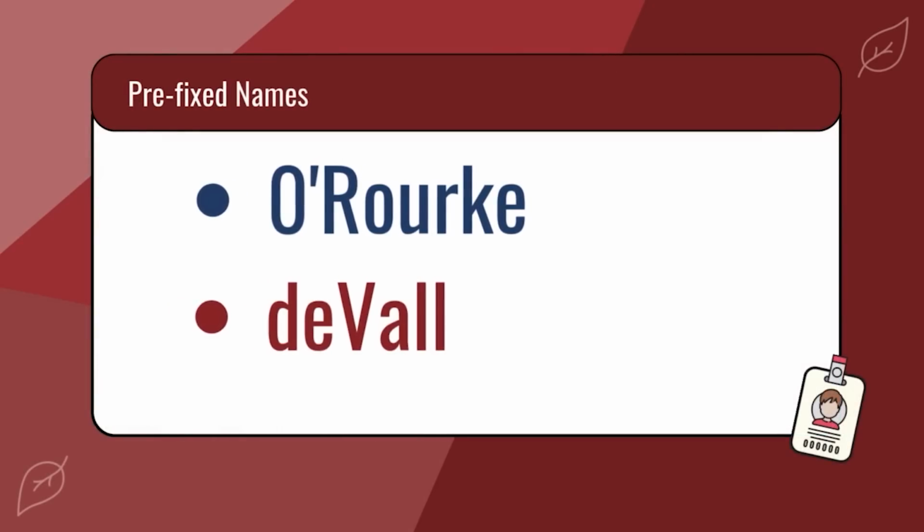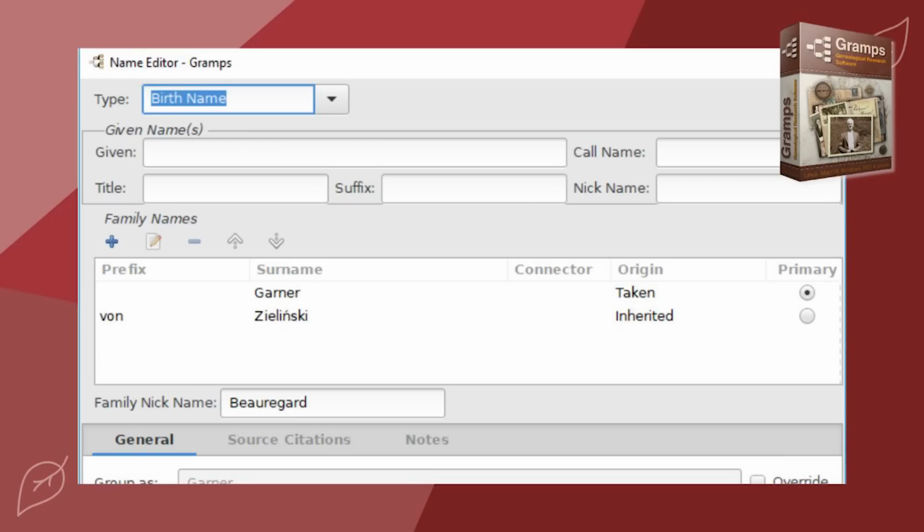This would be O'Rourke, DeVal, and other examples like that. When we talk about consistency, they have said, hey, this practice has actually faded out over time, and people have put the D in front of Val into one field and just called themselves DeVal, when really that is a prefix, and the honorifics that go before a name are titles, but they put it all together in one screen to teach you standards. Gramps, you guys are champs.